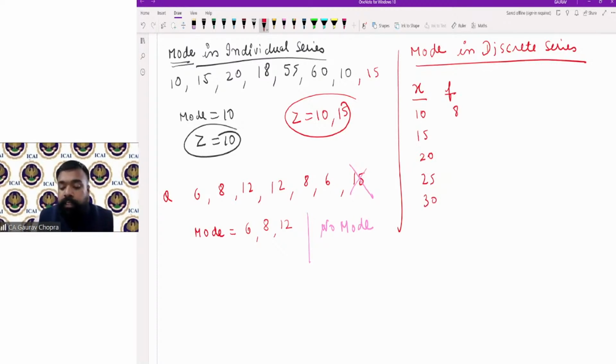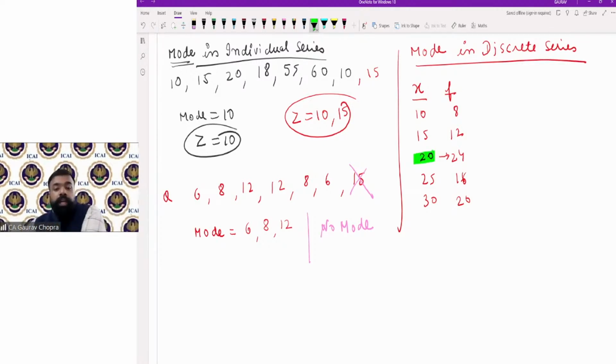Frequency is 8, 12, 24, 16, 20. Now, what will be the mode? तो ऐसा नंबर जिसकी फ्रीक्वेंसी सबसे ज्यादा है, that is regarded as mode. तो किसकी फ्रीक्वेंसी हाईएस्ट है? 20 is having the highest frequency. Therefore, mode will be 20. Mode 20 होगा and not 24.